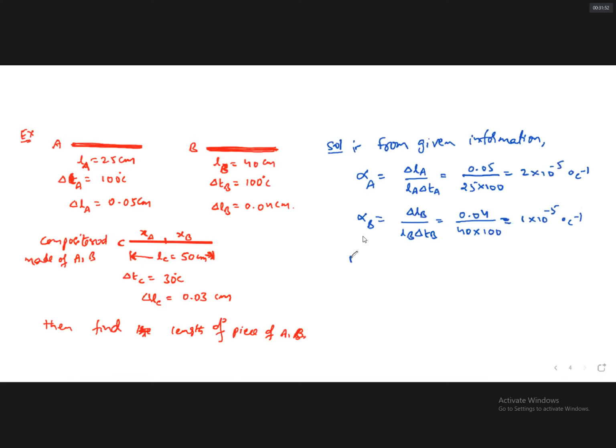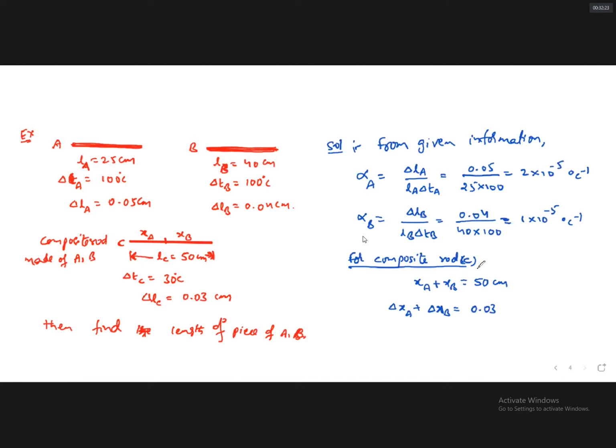And for the composite rod C, what is the length of this composite rod? XA plus XB is equal to 50 centimeter. Then what is the increase in length? 0.03. So delta XA plus delta XB is equal to 0.03.